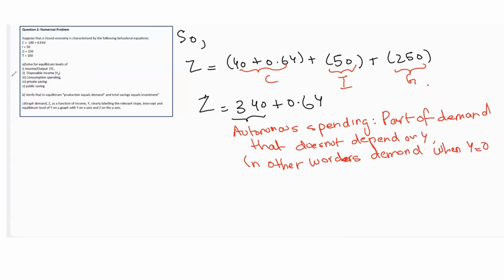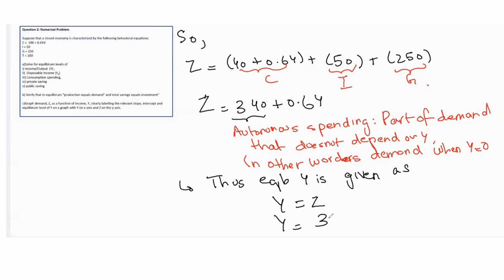Now that we have our demand function Z, equilibrium Y is given where Y equals Z, that's the goods market equilibrium condition. I'll plug in the demand function: Y equals 340 plus 0.6Y.